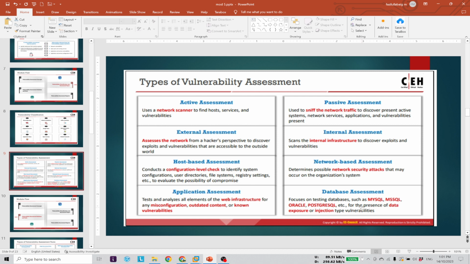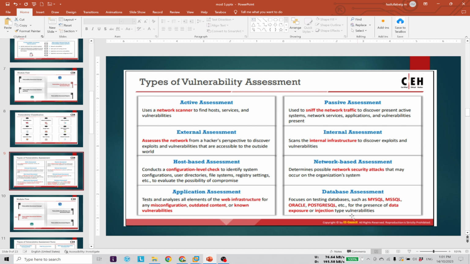These are DBMS, that is database management systems, which are used to manage the database running on the host or operating system for a website. In simple language we can understand, for a website. These are examples of databases: MySQL, MS SQL, Oracle, PostgreSQL, and so on.